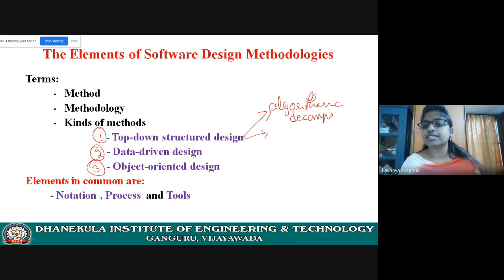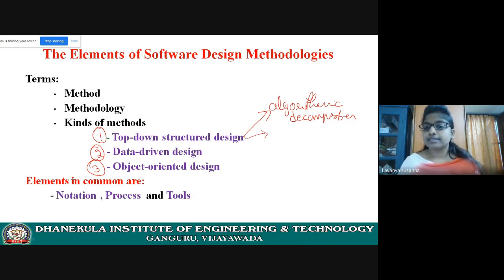Already we have discussed algorithmic decomposition. Where the problem is decomposed into several processes, and each process will follow some series of steps, that means some algorithm, to generate the result. Just simple steps.